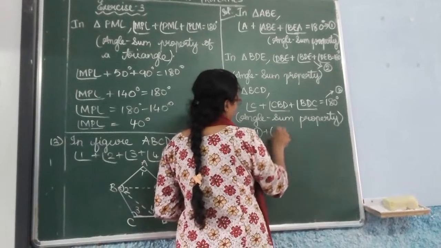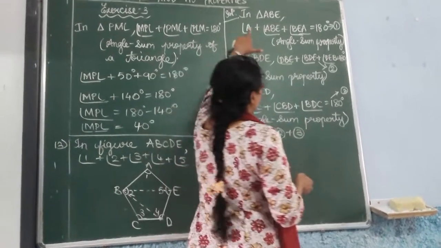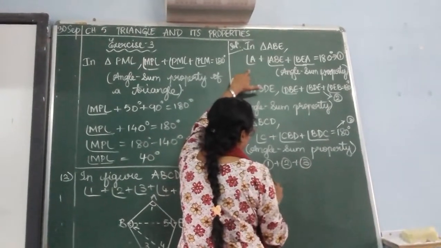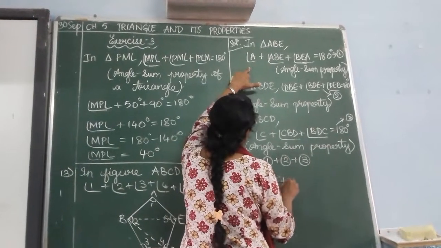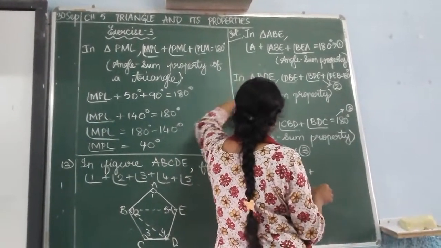Now what we are going to do is add equation 1 plus equation 2 plus equation 3. This is equation 1, so I will write angle A plus angle B. Just copy. On the left hand side I am going to write first.